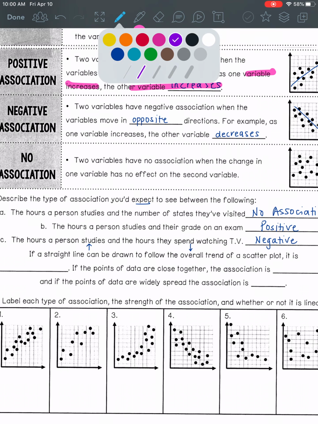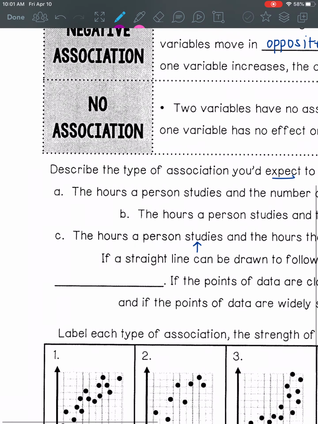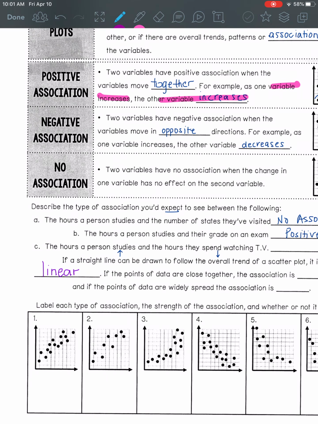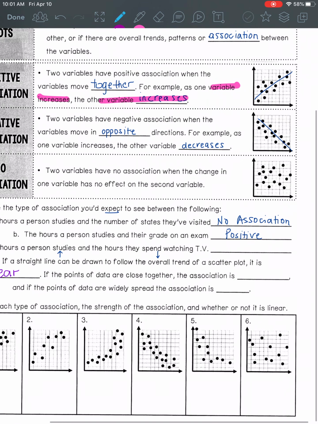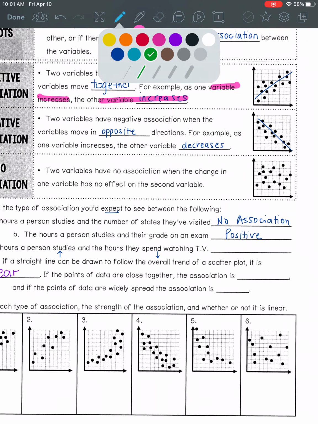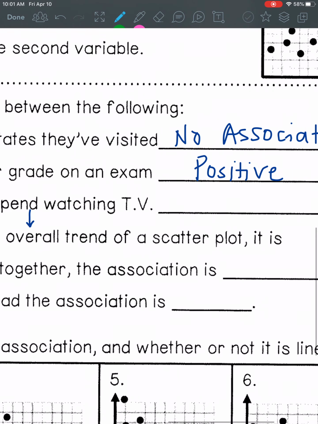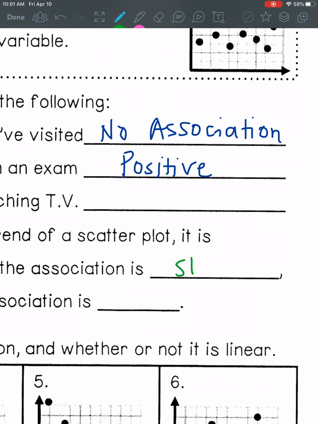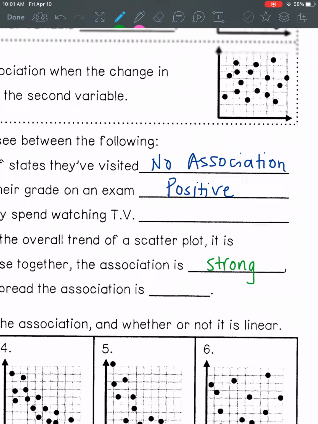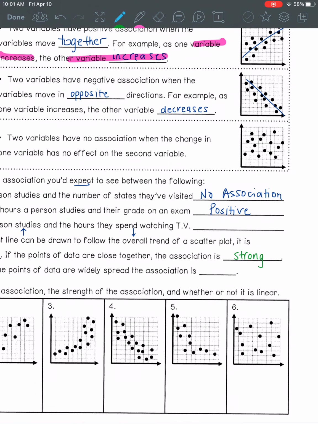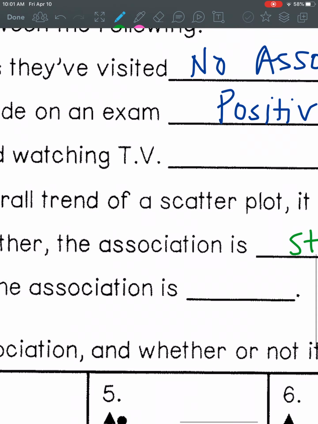For example, if a straight line can be drawn, and we've talked about this word several times this year, a straight line is what we call a linear association. If it is not a straight line, then we call that non-linear. If the points of data are really close together, then we say that this is strong because it is very consistent. So this is a strong association. If the data is more widely spread out, then that's what we call a weak association.